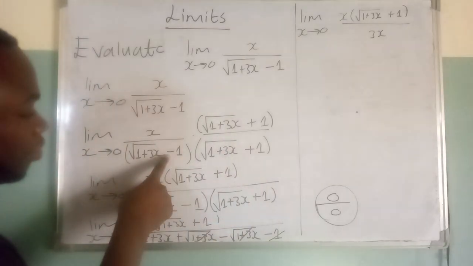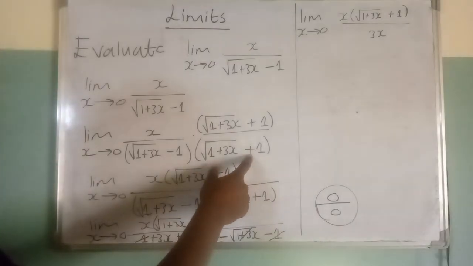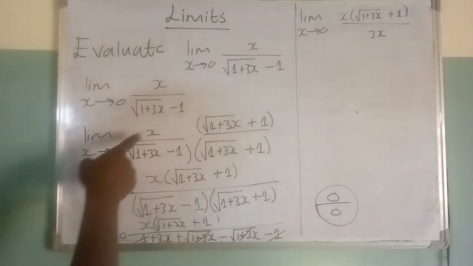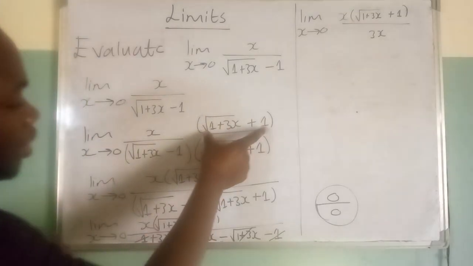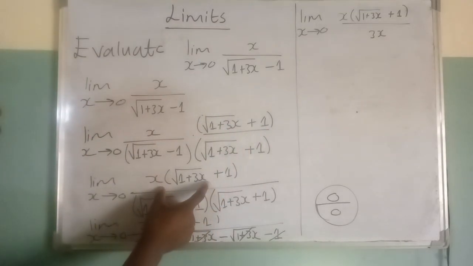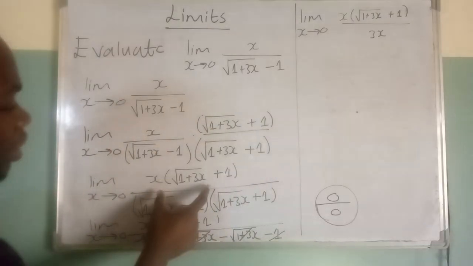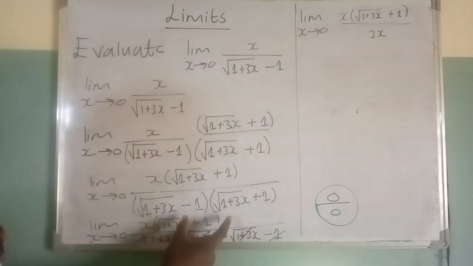But now that we have a negative, this side is supposed to be positive. The same denominator, you copy it on the numerator. Then you multiply x times what is this side, and we're having this now. So x multiplied by the square root of 1 plus 3x plus 1, this is the result. Then the denominator, it's the same denominator which is here.